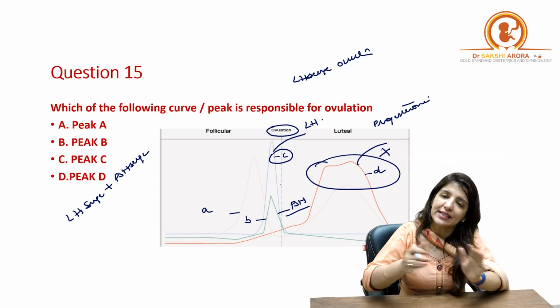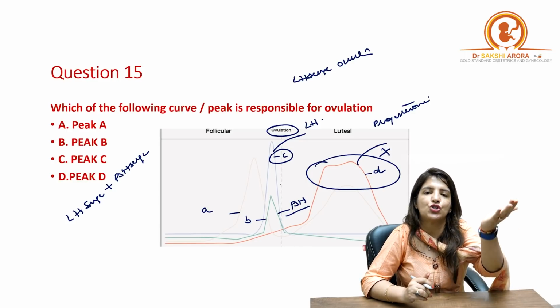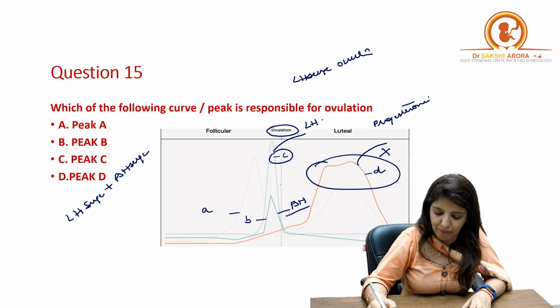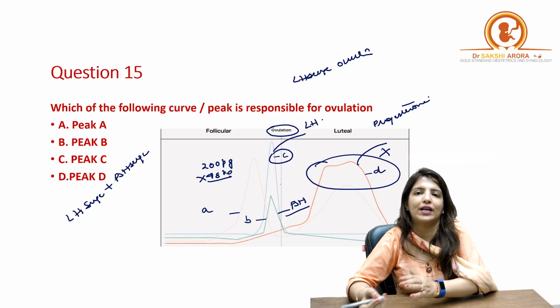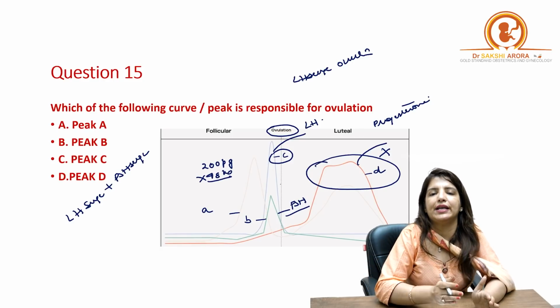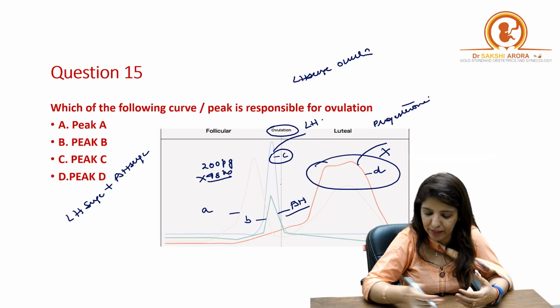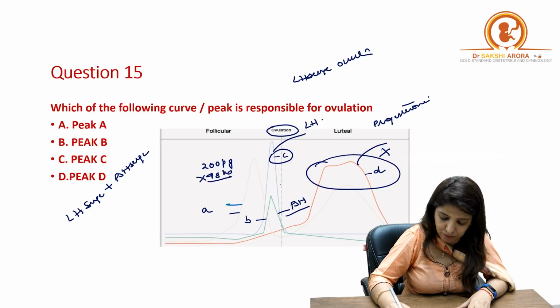Now, why does LH surge happen? LH surge happens because the levels of estrogen increase in the body, and when the levels of estrogen become 200 picograms for 48 hours, then it leads to LH surge. So before LH surge, it is the estrogen peak which is going to happen. So that means peak A is representing estrogen.